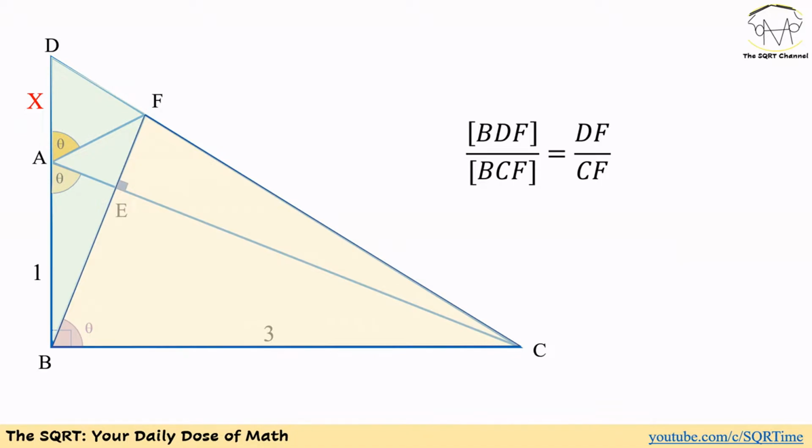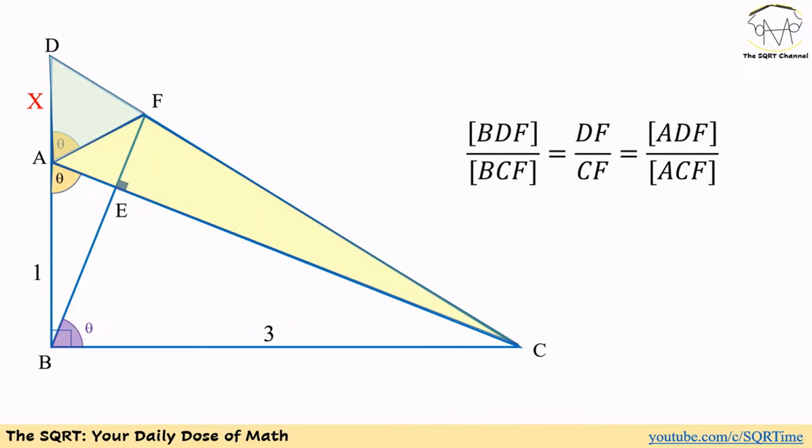On the other hand, the area of the triangle that we have here in orange is going to be the height times CF. Since height is common between these two triangles, the ratio between their areas is going to be the ratio between their bases, or we can say the ratio between the area of BDF and BCF is going to be the ratio between DF and CF.